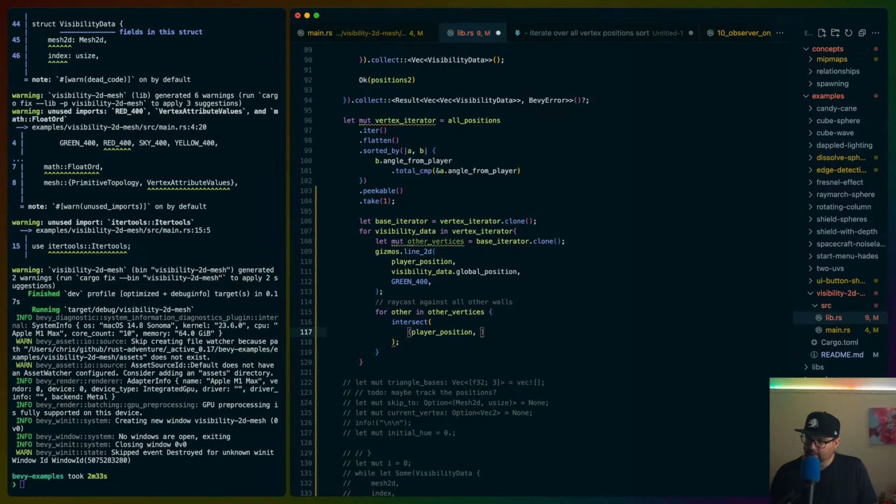So, or the direction to the vertex, actually. So is this just the vertex in our situation? Player to vertex?